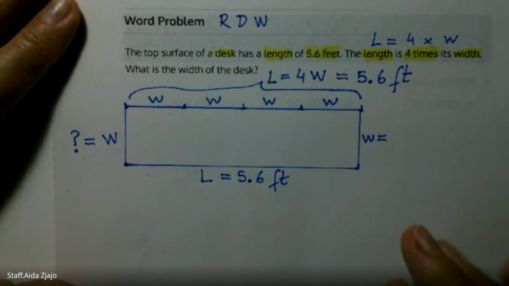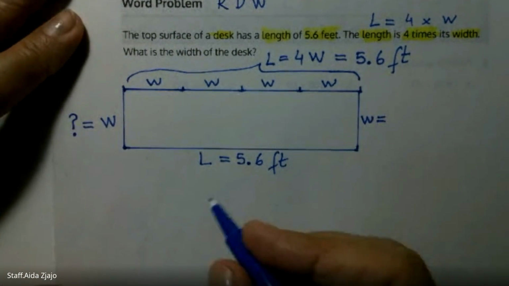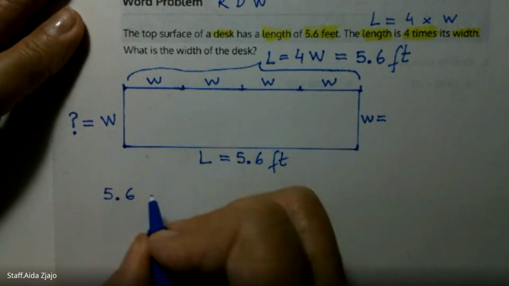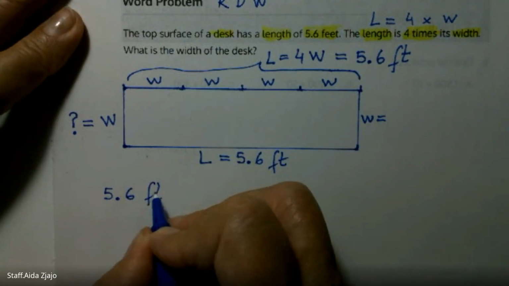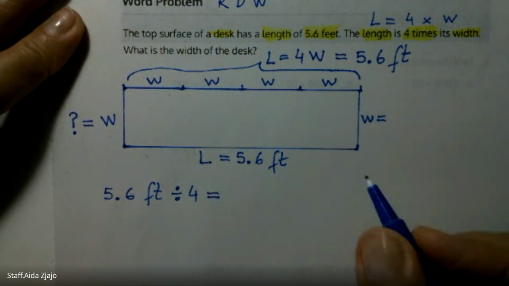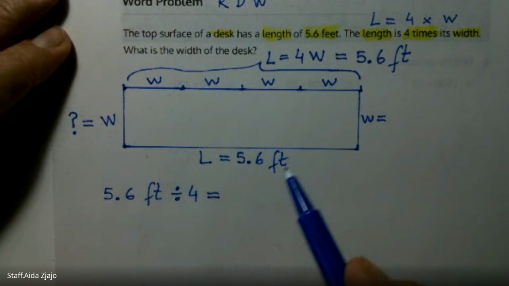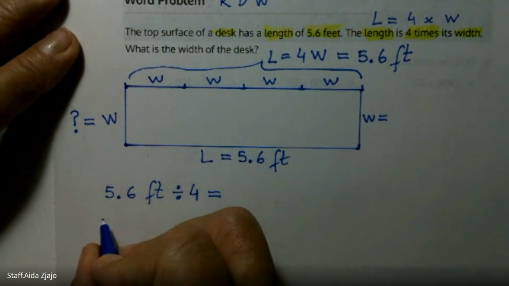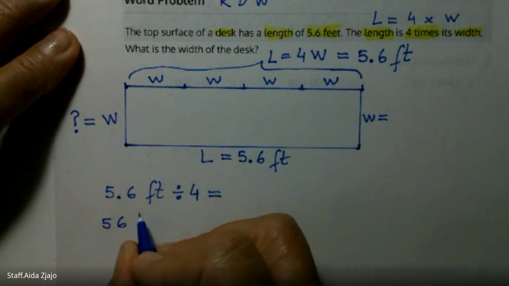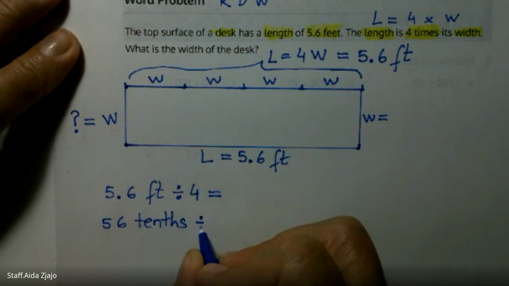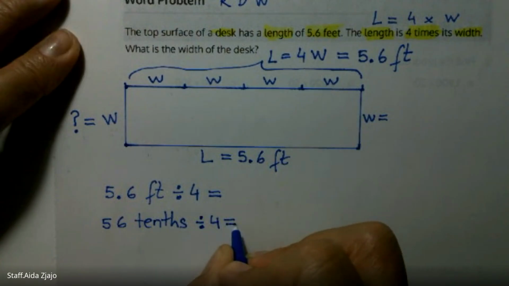So there are several solutions. You have to divide 5 and 6/10 feet into 4 to get your width. So you can think of this as 56/10 divided by 4.